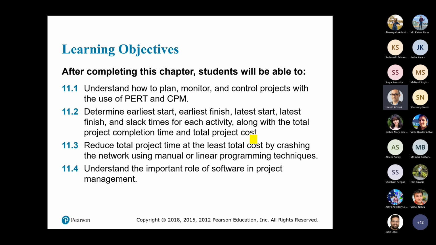So these are the goals that we will cover. The rest of them, which is how to reduce the total project time and budget and understanding the importance of software, will not be covered in your final exam. So only the first two will be covered, and it will not be in your exam.